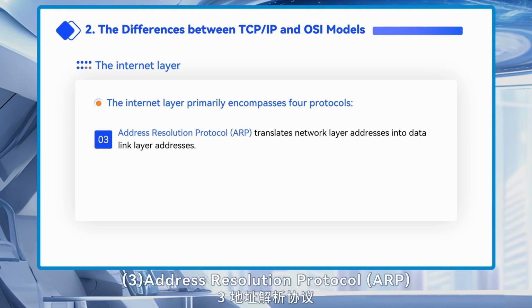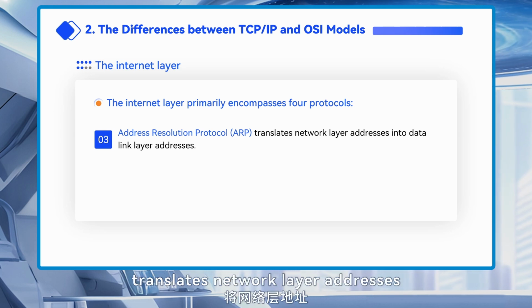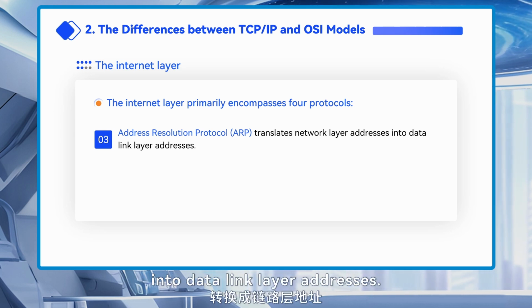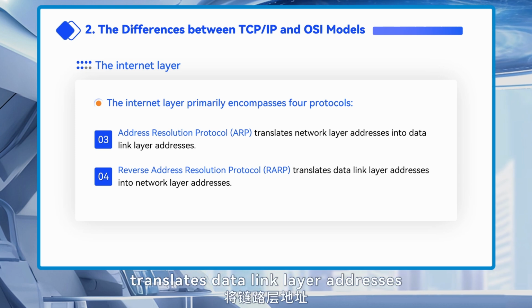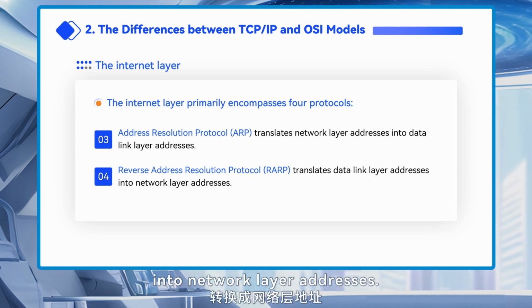Address Resolution Protocol, ARP, translates network layer addresses into data link layer addresses. 4. Reverse Address Resolution Protocol, RARP, translates data link layer addresses into network layer addresses.